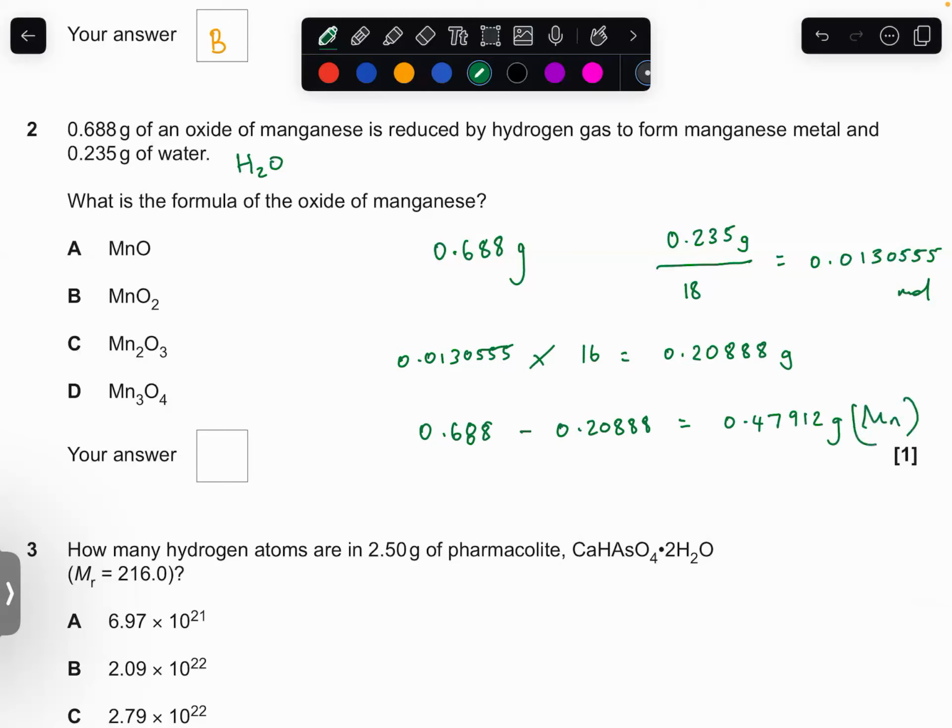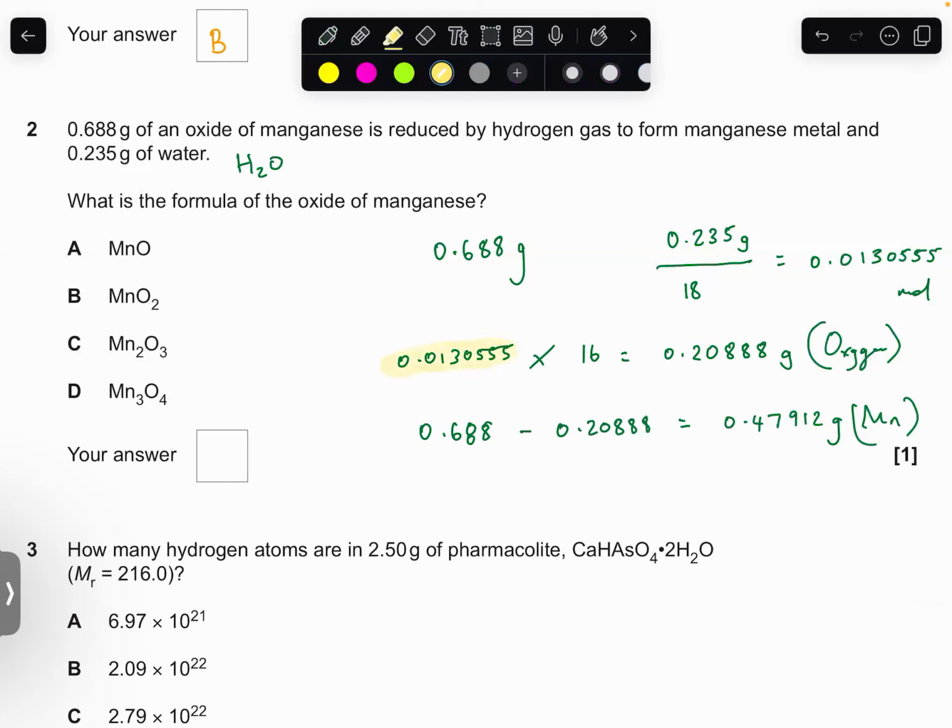This here is the mass of the oxygen. And what we now want to do is work out the empirical formula of both of them. So we divide both of them by their molar masses to work out the relative number of moles. We've got that already for oxygen, which is here.